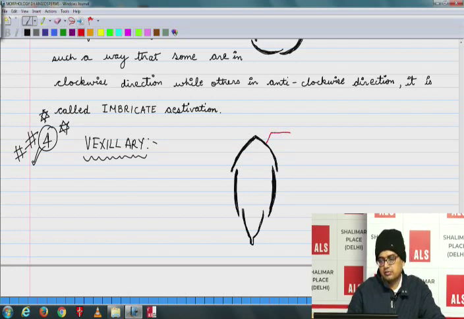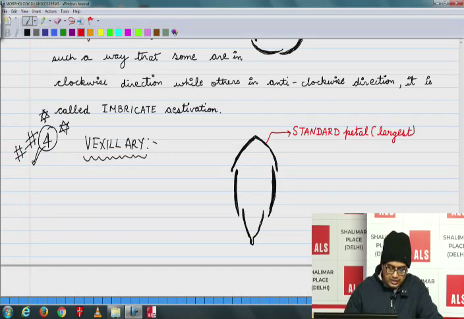This petal is the standard petal and it is the largest petal out of all these 5.